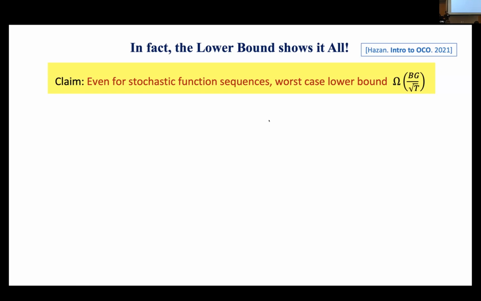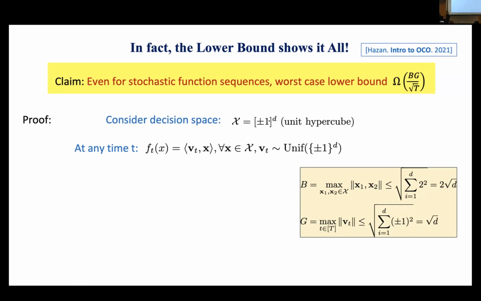But for linear functions, the proof is very easy, so I can show you that proof. Generally, there is no upper bound algorithm available which can do better than 1 by square root t, even for strongly convex functions. We'll see the rate in a moment. So let's look at the construction of this online algorithm.